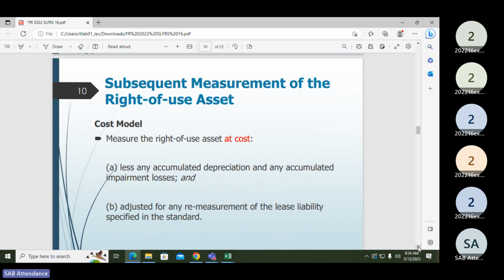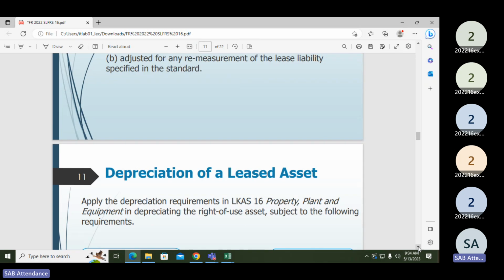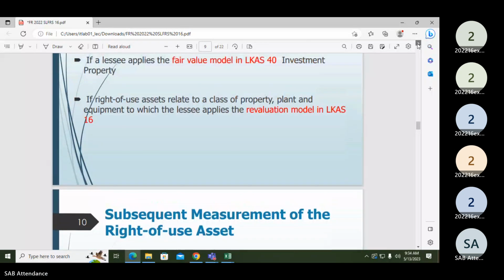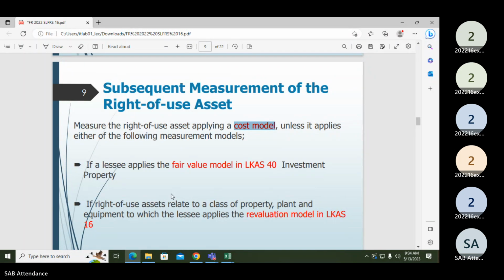Then you can have the revaluation model. Like property, plant and equipment can be revalued, the right of use asset also you can apply the revaluation model. Right, revaluation model.